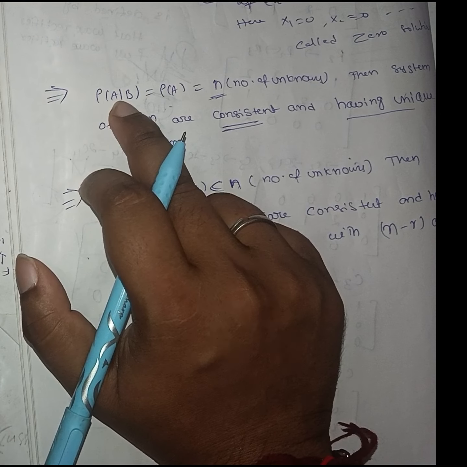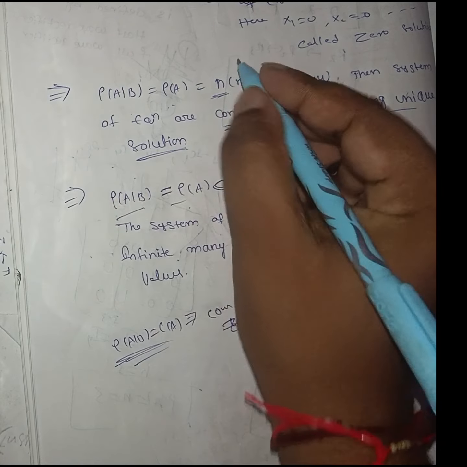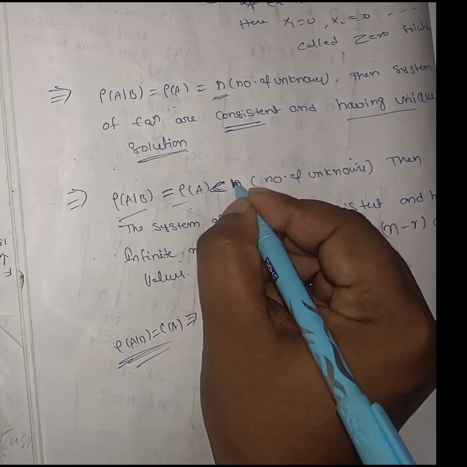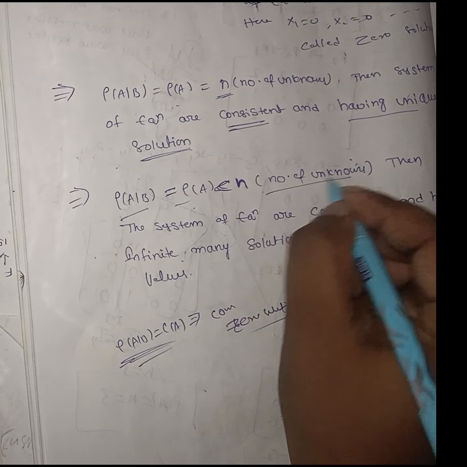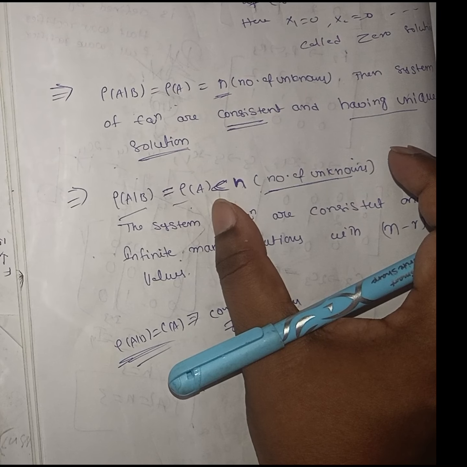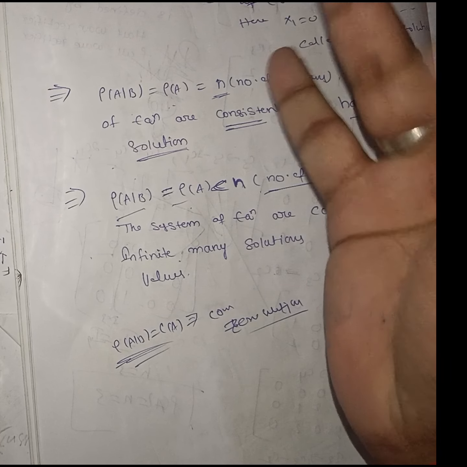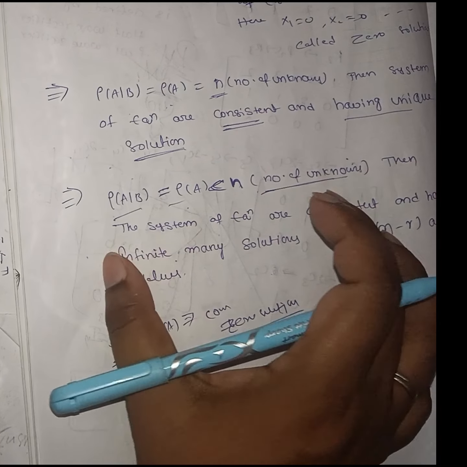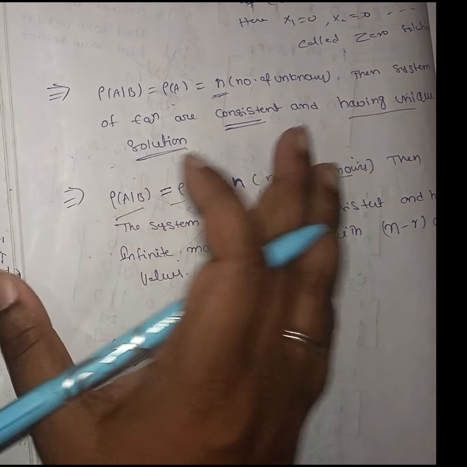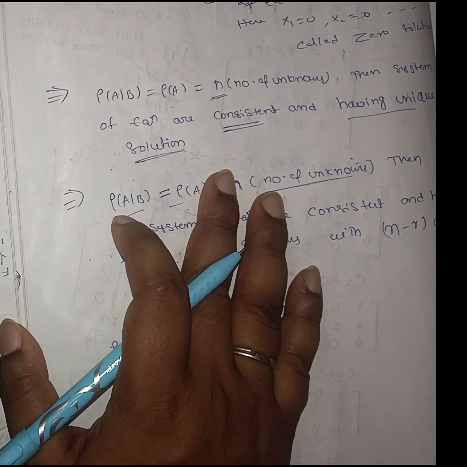If rank of AB is equal to rank of A and less than n, the number of unknowns or variables, x, y, z, then the system of equations is said to be consistent and has infinitely many solutions.